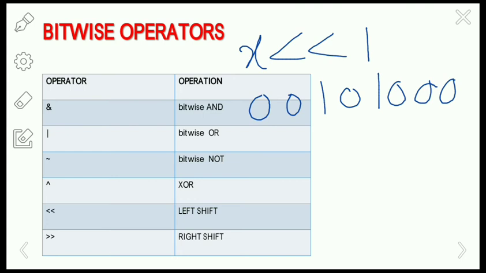So we want to shift 1 bit to the left side, remove the leftmost bit, and pad with zeros. So here the answer will be 01010000.